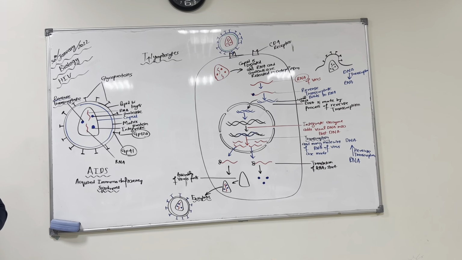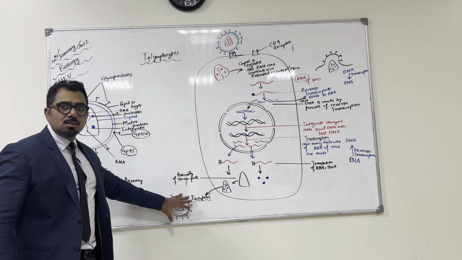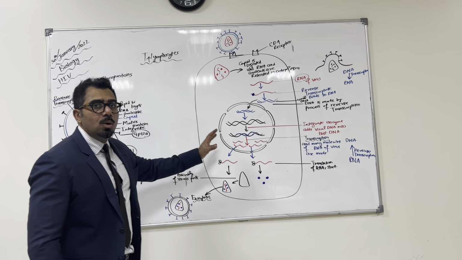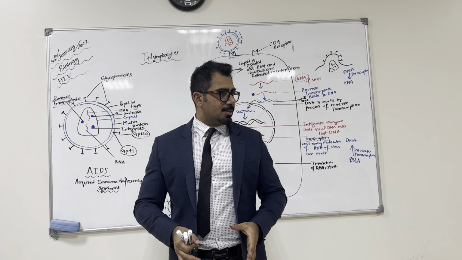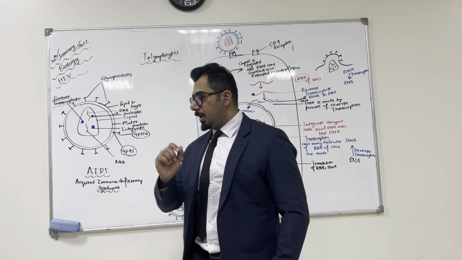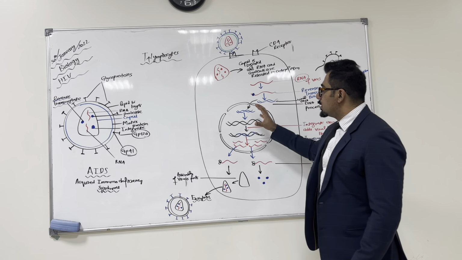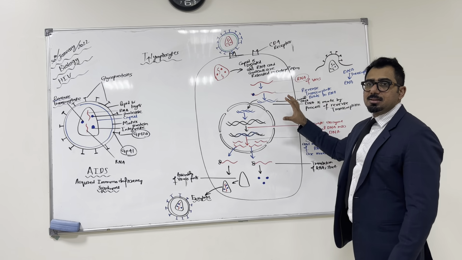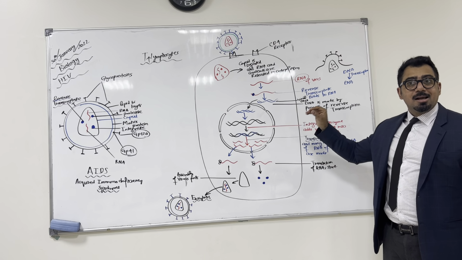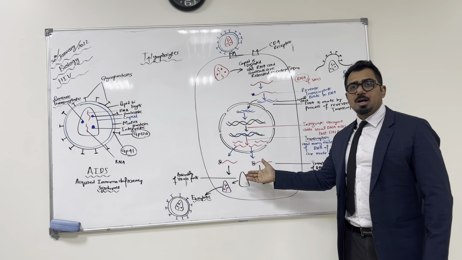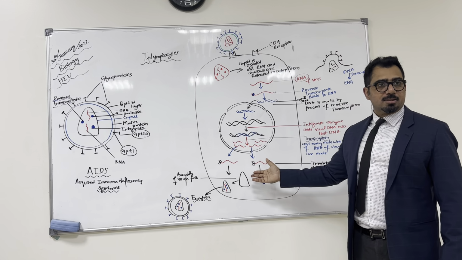Right, guys? So what will happen? That this virus will go and attach to more T4 lymphocytes. Understand? Now, just imagine what is happening. That this cell is being hijacked now. It's not performing its own duty of making chemicals to destroy the pathogens, right? Rather, it is making the parts of the virus. Second, what is happening?